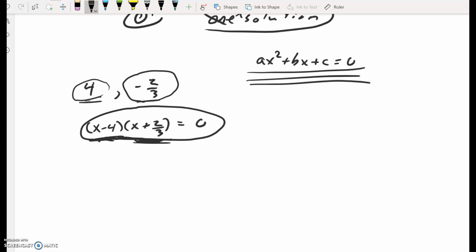Furthermore, it would be to our advantage if a, b, and c weren't fractions, because that's not so good. I notice that there's fractions creeping up, and sometimes we have to deal with fractions, but I'm going to multiply both sides of this equation by 3.